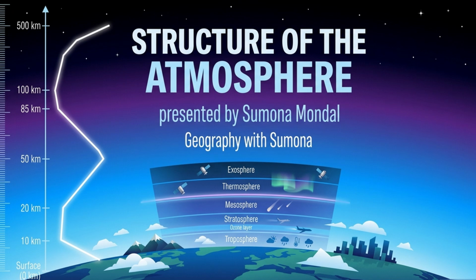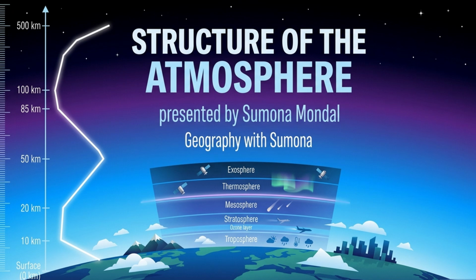I am Sumona. In today's video, we are going to discuss a very important topic in climatology, that is the structure of the atmosphere. As we know, the atmosphere is the envelope of gases that surround our Earth, but the atmosphere is not uniform throughout its entire height.